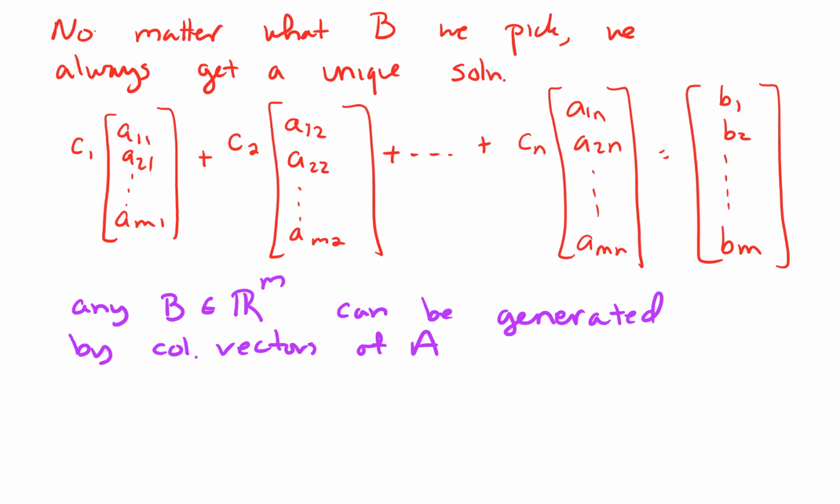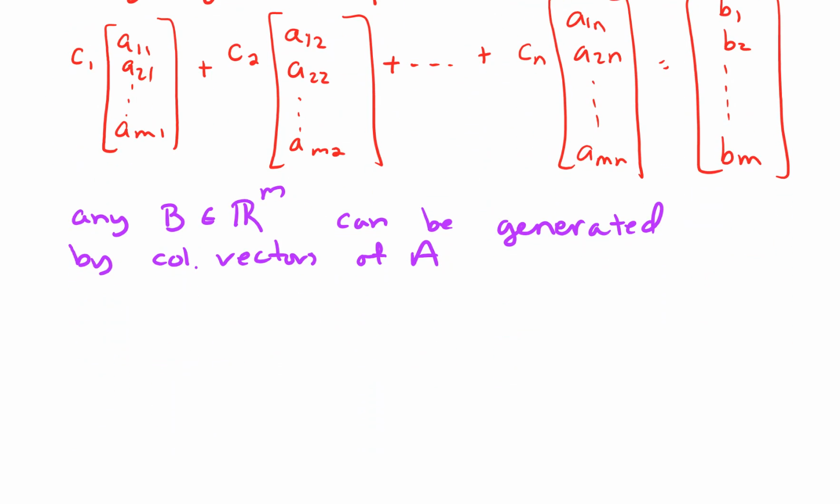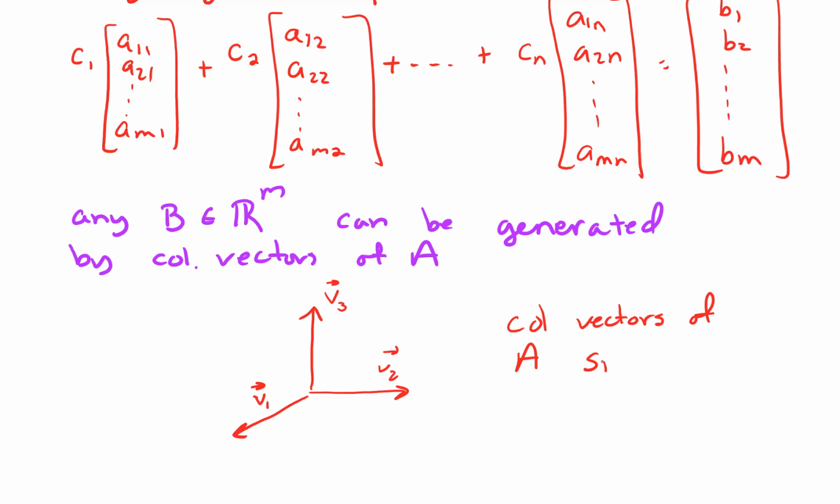And so we get this idea. For example, if we were in R3, we might get some of our vectors. Let's say here's our first column vector of A, and here's another column vector of A, and here's maybe another column vector of A. The column vectors of A span the entire space.